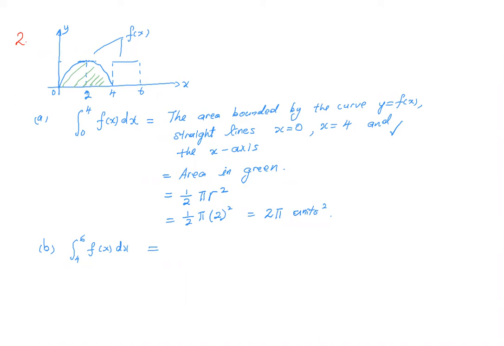So therefore, it is the area in, okay, I give it an orange. So I straight away write down the length times the width. That is 6 minus 4 times the height is 2 units. So the answer is 4 units square. So this question, what we want to test you is this. Very important.